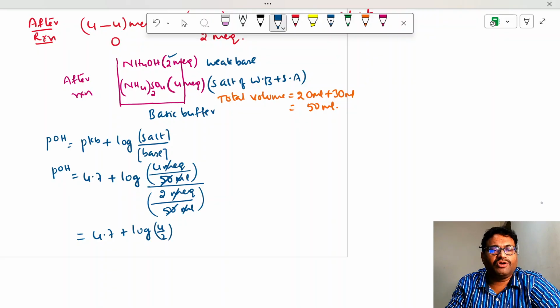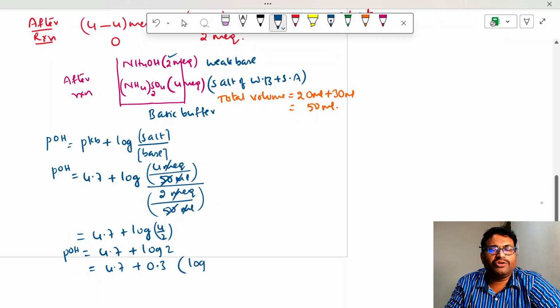Log 4 by 2 is equal to log 2. So pOH is equal to 4.7 plus log 2. Let me take log 2 as 0.3. Then what you get is pOH is equal to 5.